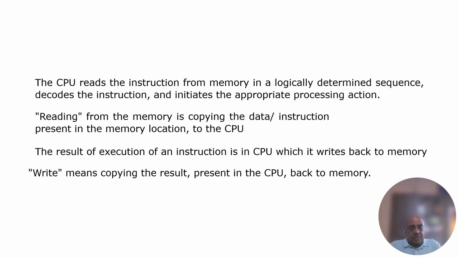Registers are internal memories built into a CPU. When the result of execution is available and ready in the internal registers, those results are written back to the memory. Writing means copying the result present in the CPU registers back to the memory.